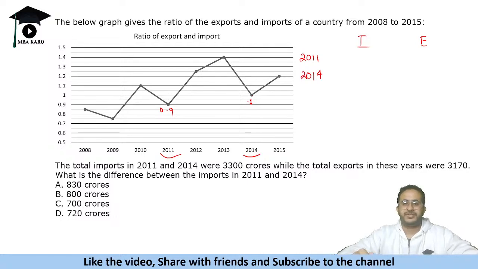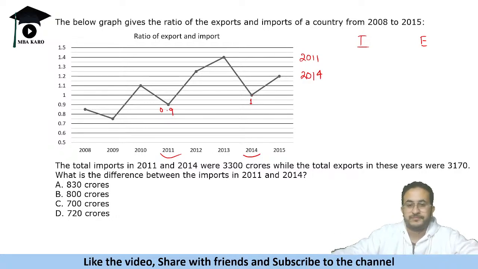So total import is given in these 2 years and total export is given. So you need to find the difference between the imports in these 2 years. Make equations and solve. In one of the recent examinations, this kind of DI was asked.